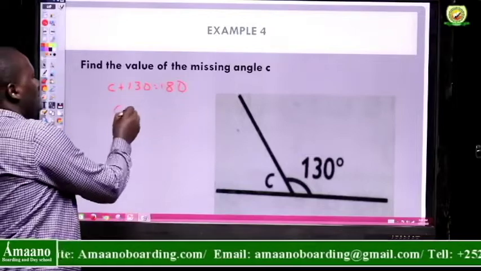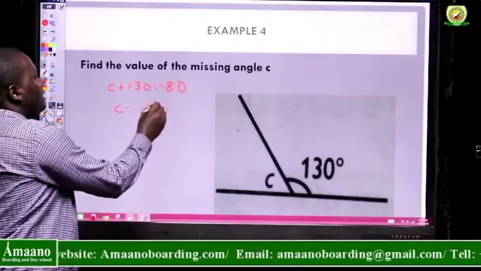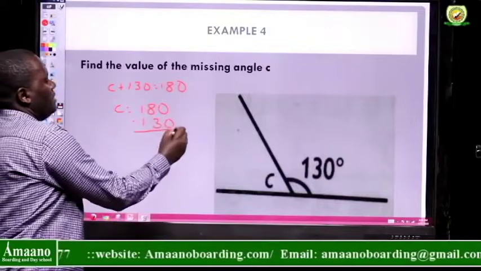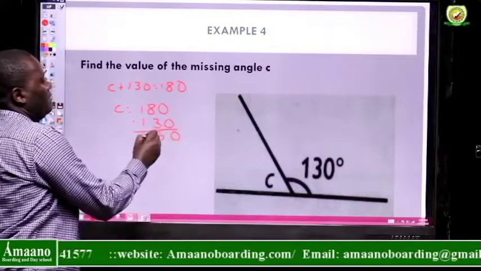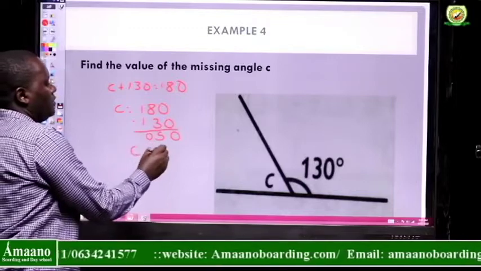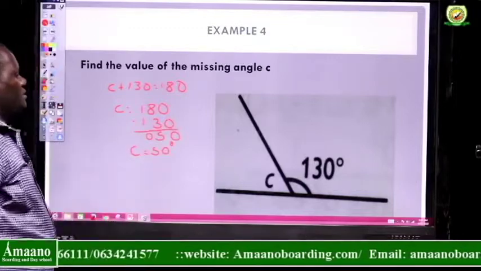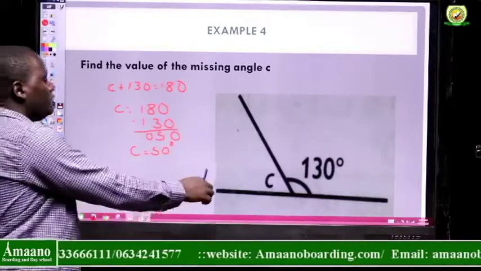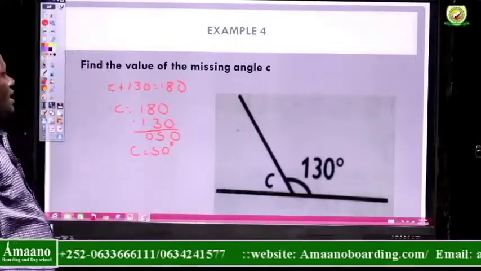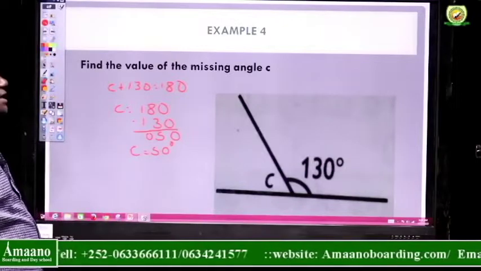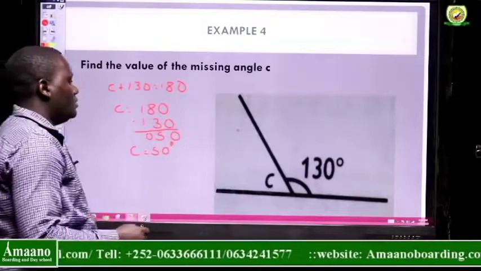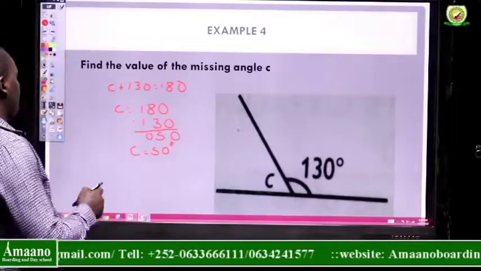C equals to 180, I take away 130 degrees, I'll find 0, 5, and this is 0. So angle C equals to 50 degrees. So this 50 degrees, I plus 130 degrees, I'll get 180 degrees, and those are the angles that are formed on a straight line.